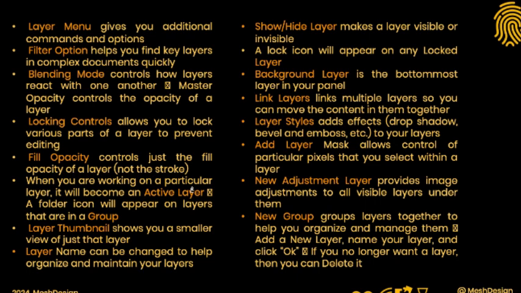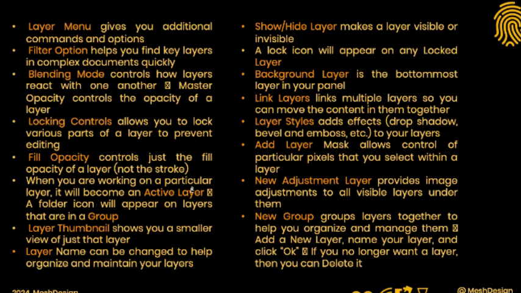So you should change your layer names, and then the show or hide icon makes a layer visible and invisible. And then a lock icon will appear on any locked layer. Background layer is the bottommost layer in your panel. The link layer links multiple layers so you can move the content in them together.